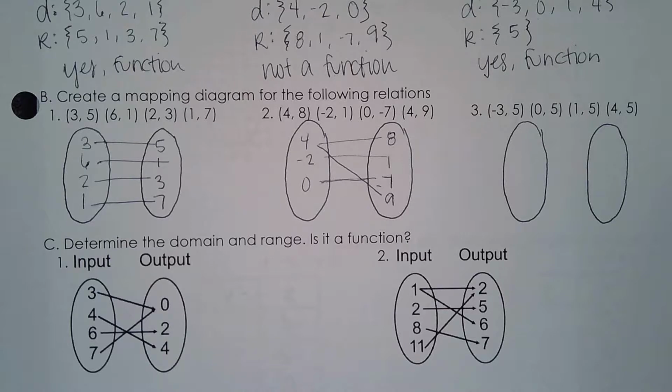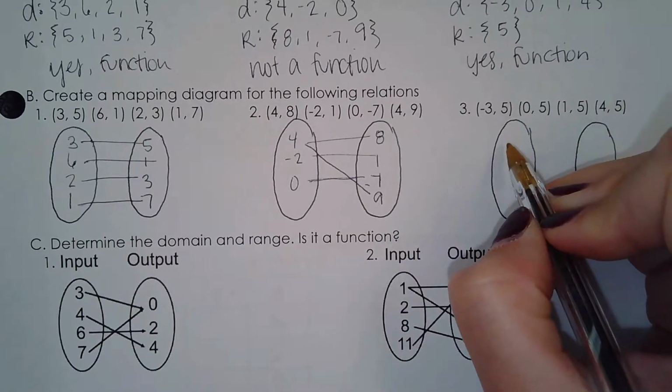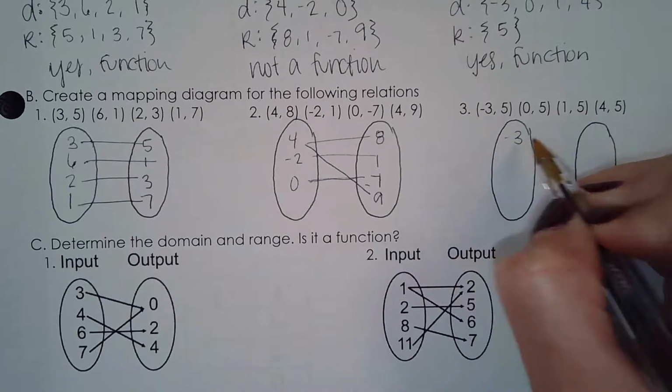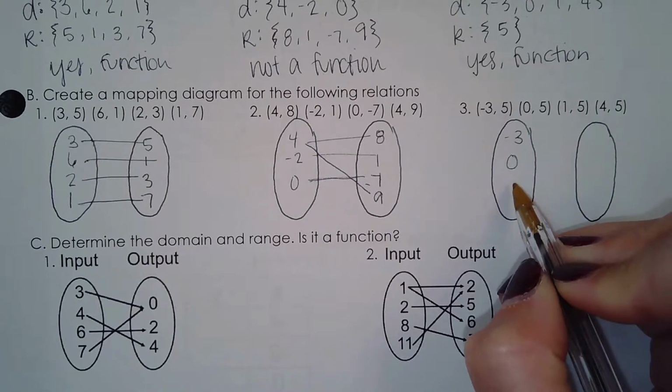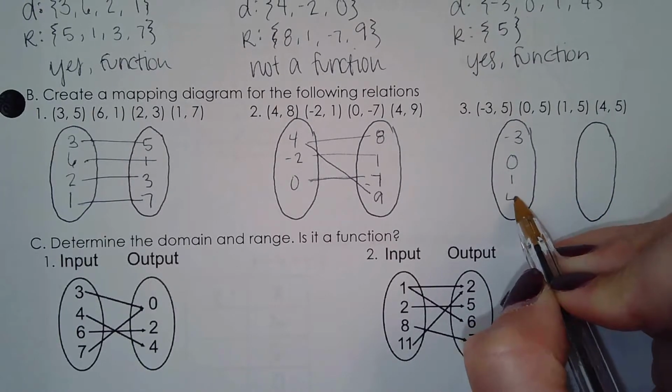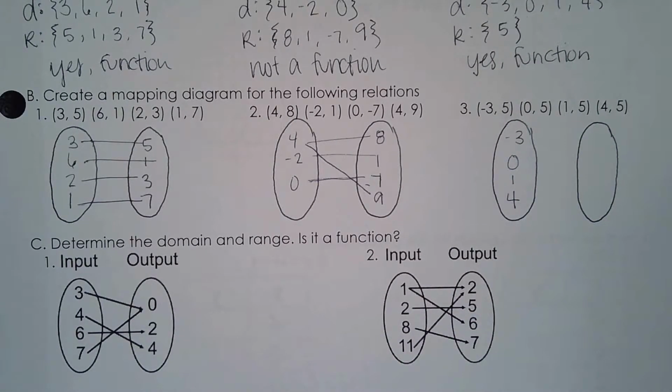Okay, number 3. Let's see, Buddy, what goes in the first circle? That okay? Yeah. Right. Can we just write 5 once?